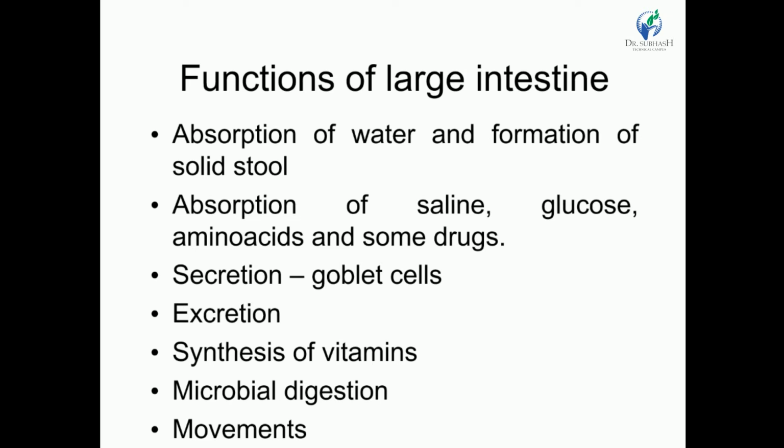These bacteria generally synthesize folic acid, vitamin B12, that is cyanocobalamin, and some other factors of vitamin B, and they also synthesize vitamin K, right? So that is the role of vitamin synthesis in the large intestine.